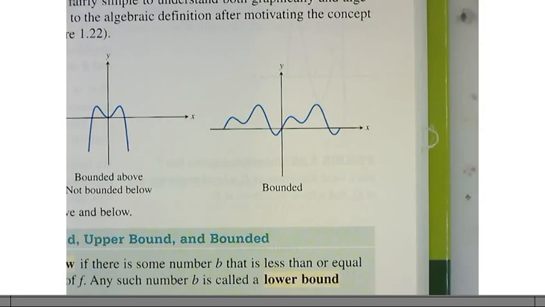Now, what advantage would that have? Well, if I can define a function as bounded, that means that it will do what? It will both increase and decrease, right? Well, all the functions have that opportunity, but I can determine the increasing and decreasing based on the boundedness, right?